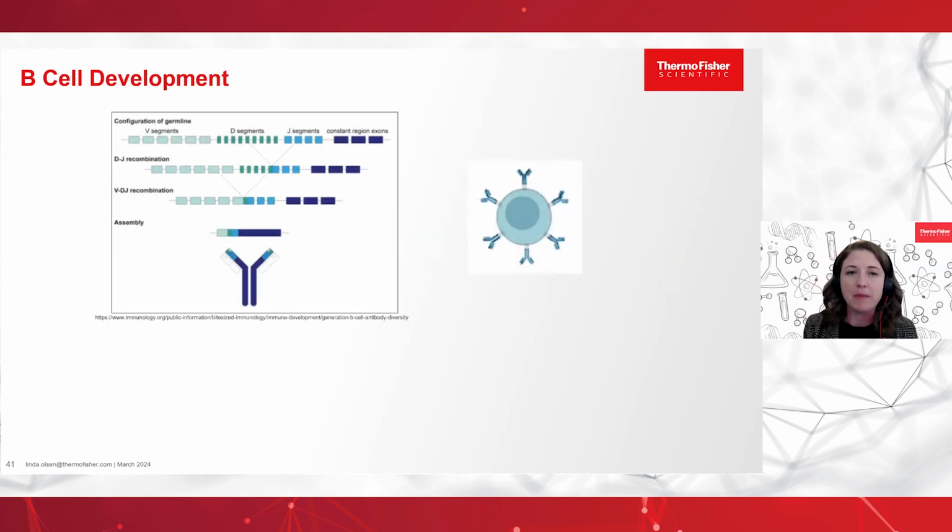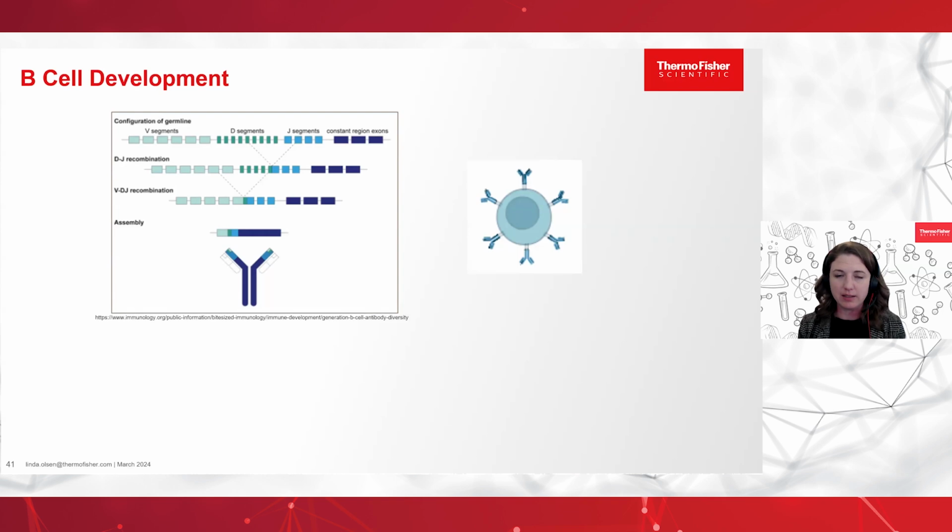So, there are various segments in the germline DNA. There are variable, diversity, and joining segments. They can be arranged in different orders. So, this is yet another way that our immune system adds variability in the types of pathogens we can fight, in the types of foreign molecules we can bind with and respond to.